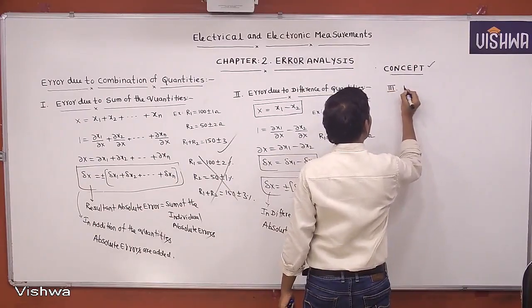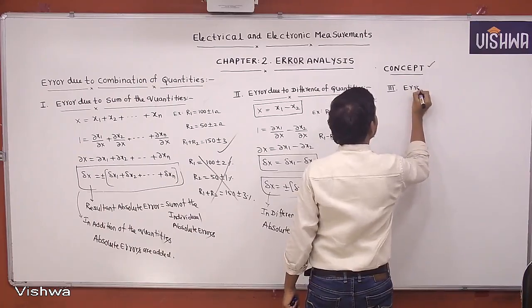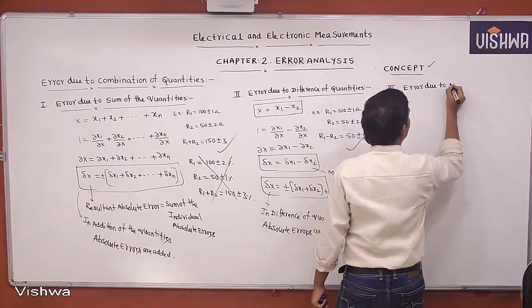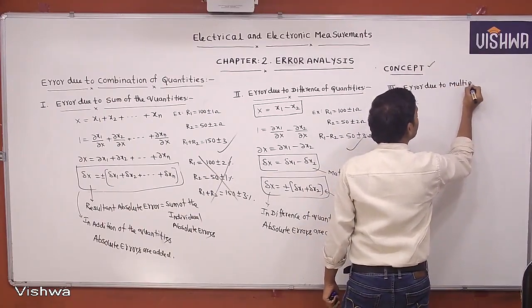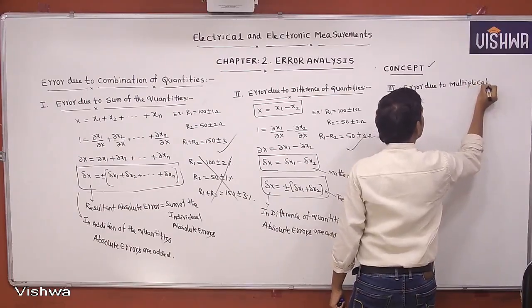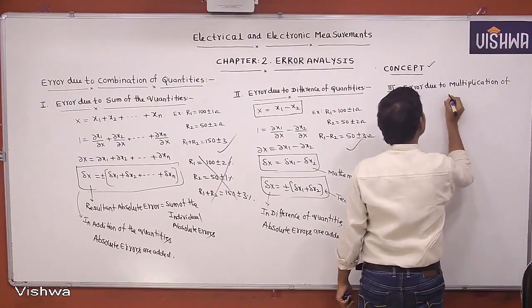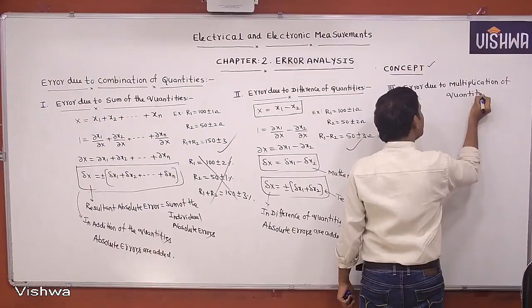Error due to multiplication of quantities. How to do the error analysis in multiplication of quantities?